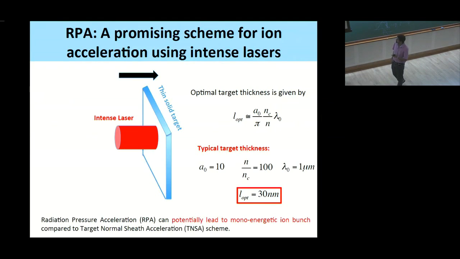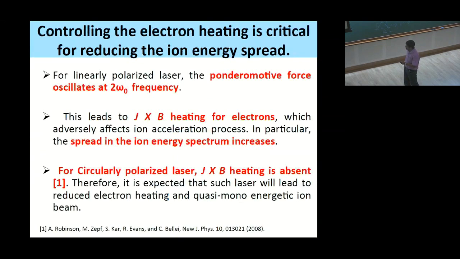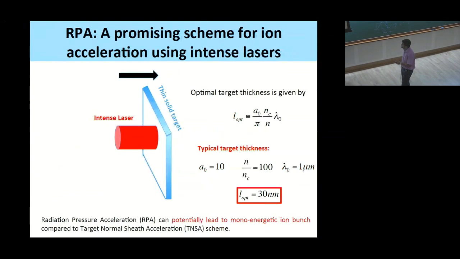So let's briefly review what radiation pressure acceleration is. When a thin target is irradiated by an intense laser, if the laser ponderomotive force is strong enough, you can actually drive the entire target.